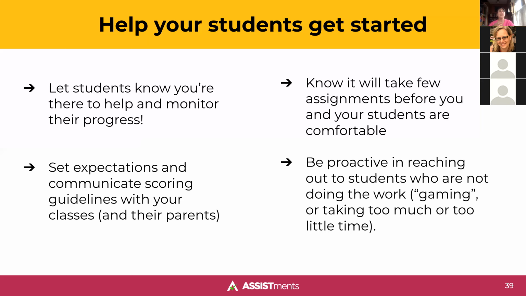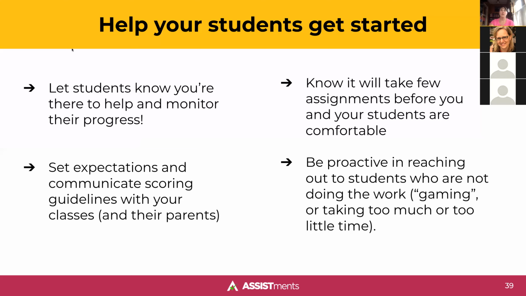And I mention this because students and parents might get very anxiety ridden when they see a 60% on the report and they're not used to seeing that. So any way you can communicate your scoring guidelines, whether this is completion based or not graded at all, I think is important right at the start. Know that it's going to take a little bit of time for you and your students to get comfortable.